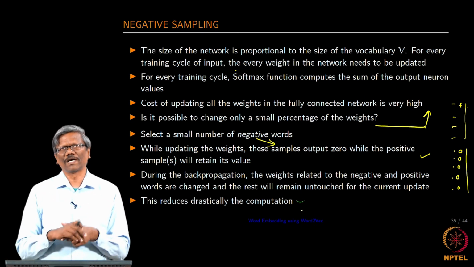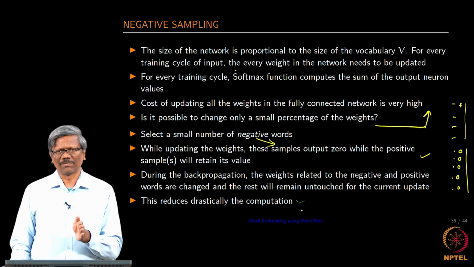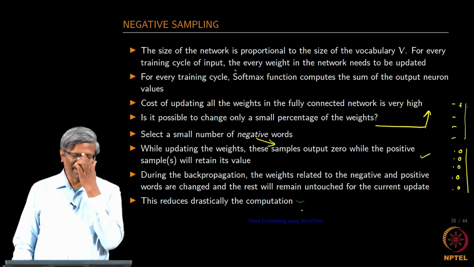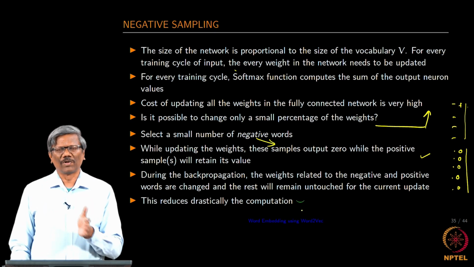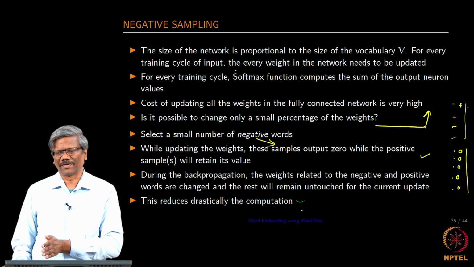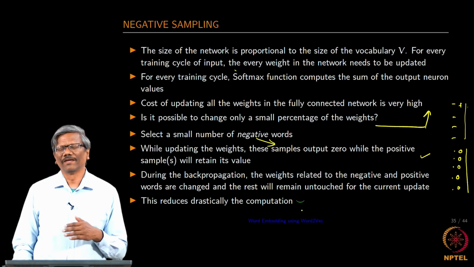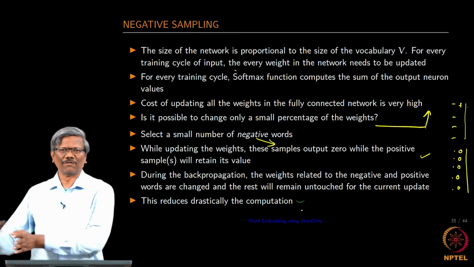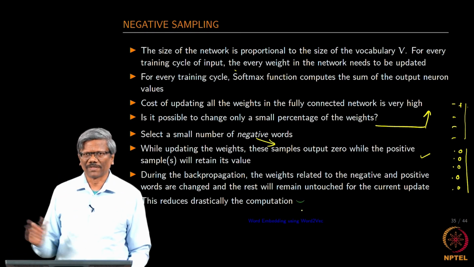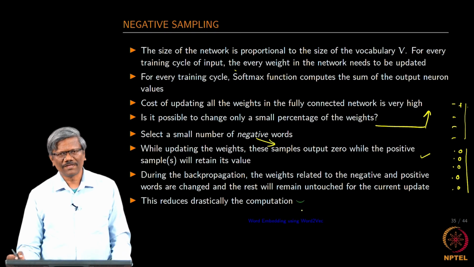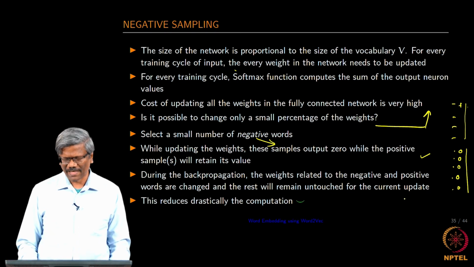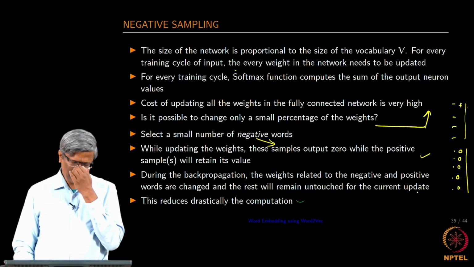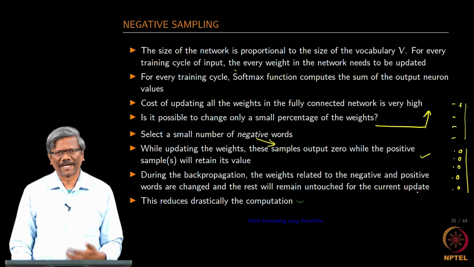For example, if you look at 1 million vocabulary by 300 hidden values, we have about 300 million weights to be updated every time, correct. That is for embedding weights as well as for context weights, leave alone your softmax computation and so on. So, we have reduced this drastically by only choosing a certain number of negative words.